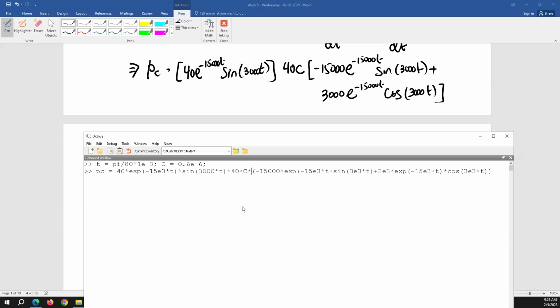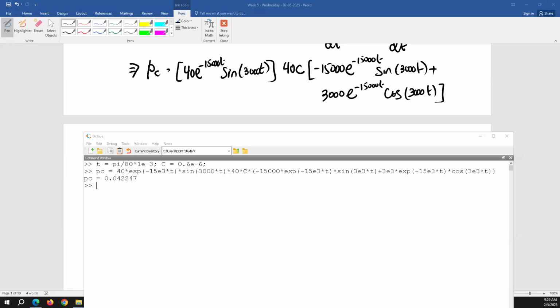We need parentheses here because two terms are adding together: negative 15,000 times exponent negative 15,000 t times sine 3000 t plus 3000 times exponent negative 15,000 t times cosine 3000 t. Okay, that looks good to me. We are balancing these parentheses with the negative 15,000. I think it should be okay. All right, here you go.